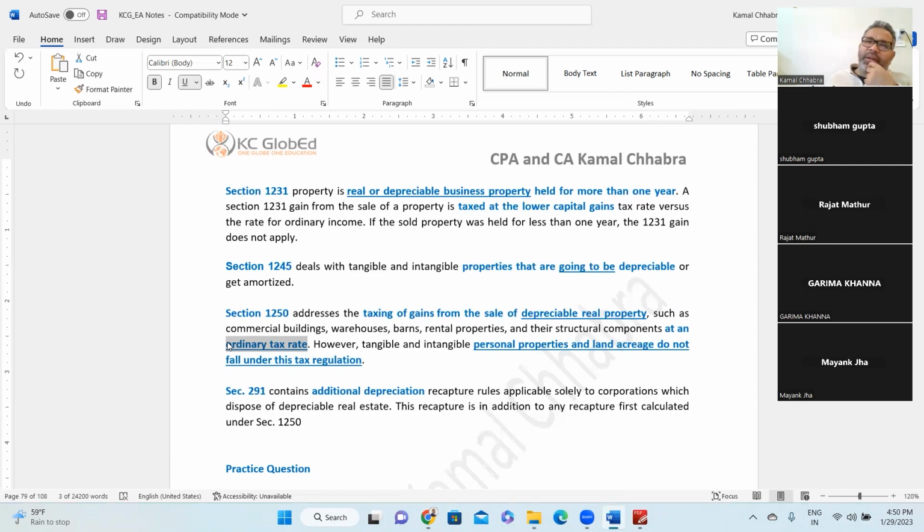First, would that be a capital asset? If you are a builder and you are making a commercial building for sale, would that be a capital asset? No, sir.